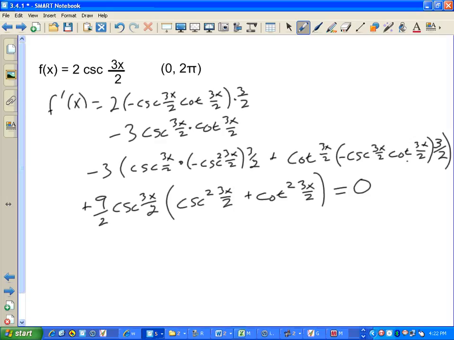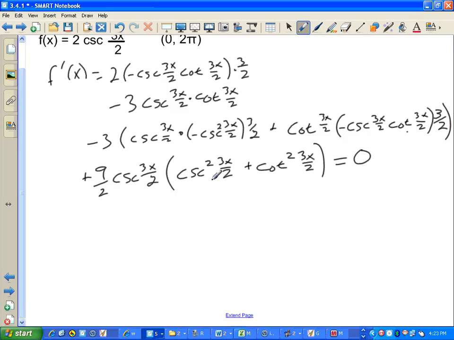I want to know when this is 0 and when it's undefined. Well, in order to get 0, I've got this times this, so I can set each one equal to 0. And cosecant is 1 over sine.